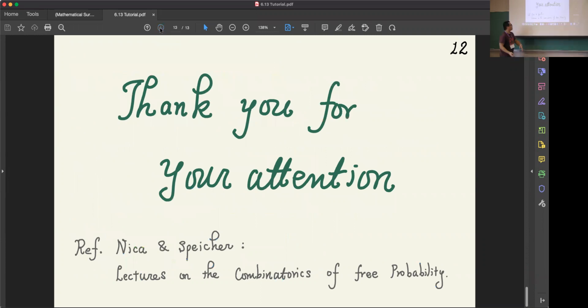And the last thing I want to mention: you can find all this material in the Nica and Speicher book. It's very organized, very good to read. And thank you for your attention.